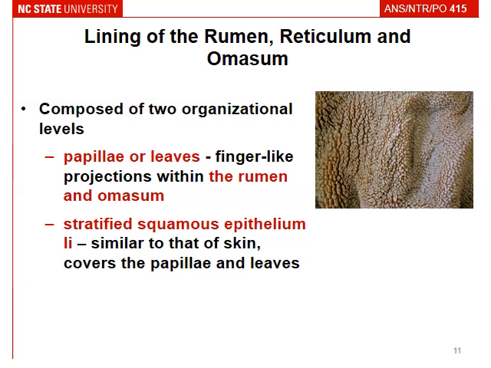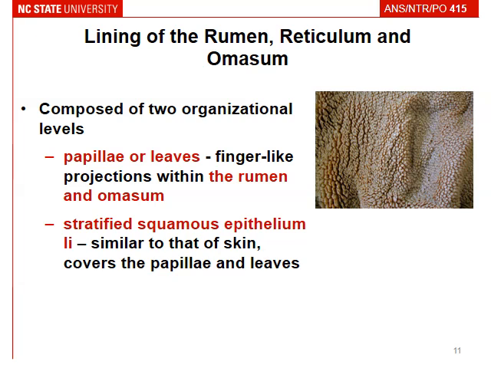The lining of the rumen, reticulum, and omasum all look very different within these three sections of the stomach. The reticulum has the honeycomb.